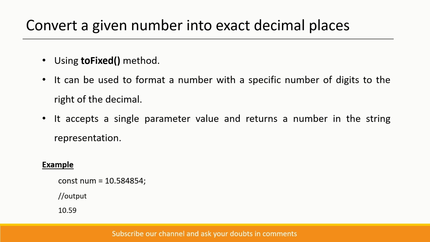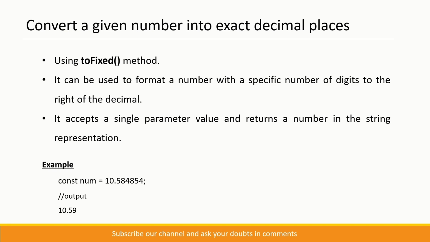Okay, so below you can see I just wrote one example. Here I declared num as some random value, 10.584854, but for the final output we want 10.59. Actually here we need to notice one more point.